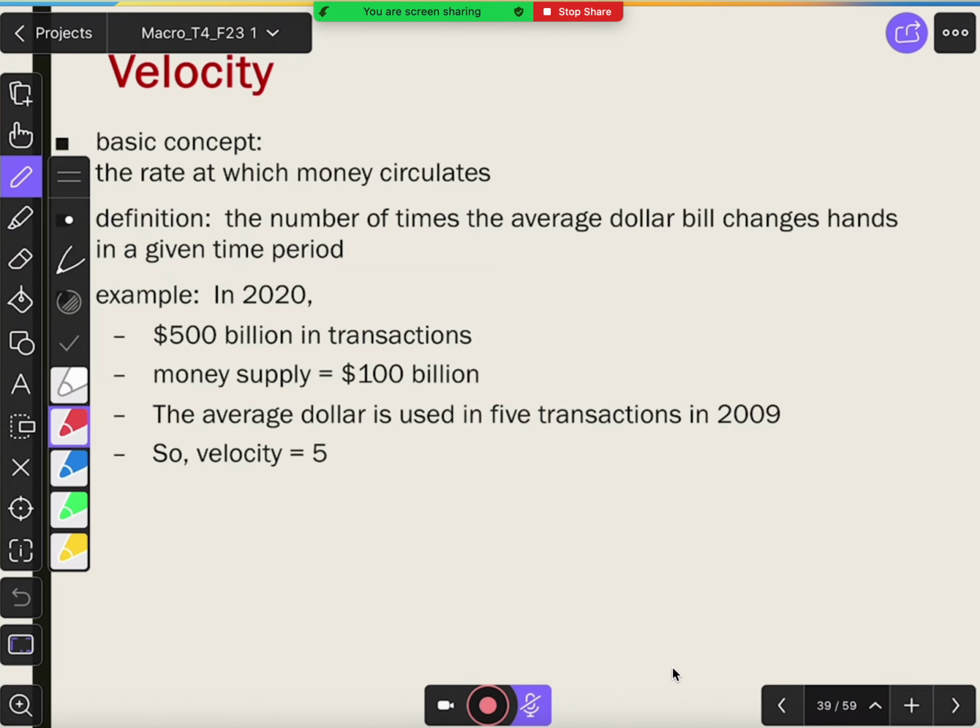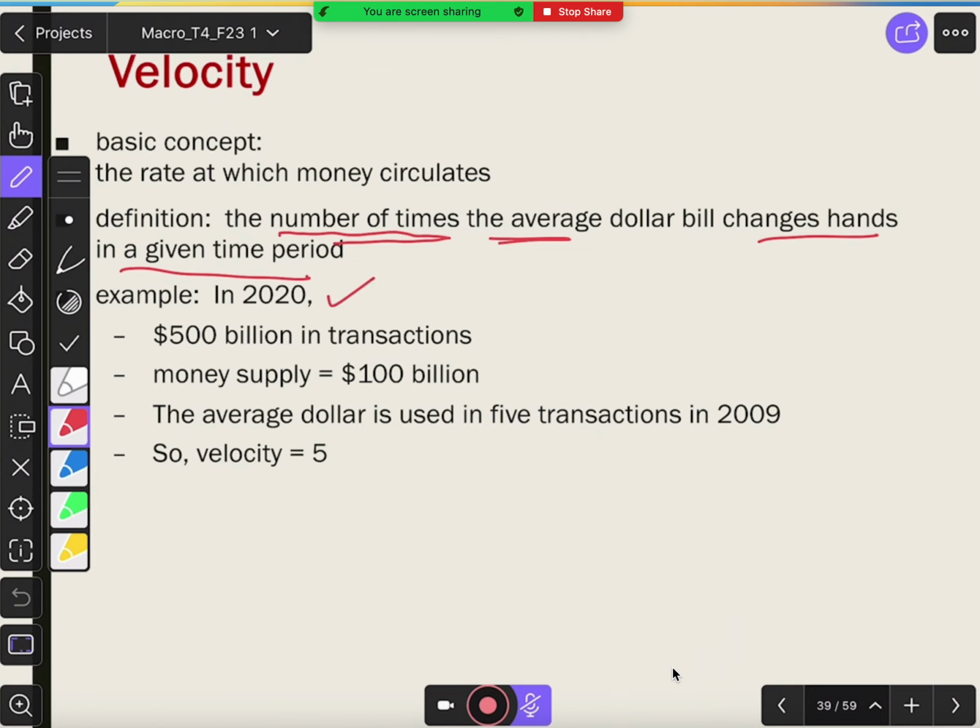Okay, so we have a dollar bill, for example, and it has a certain number of times that is, on average, it circulates between hands, and this has to be over a certain period of time. And this is just an example.